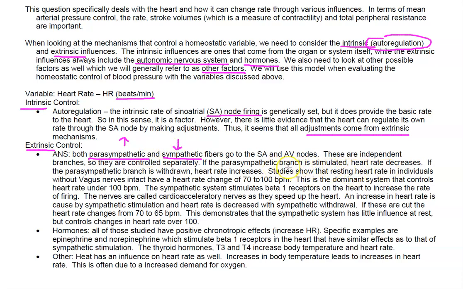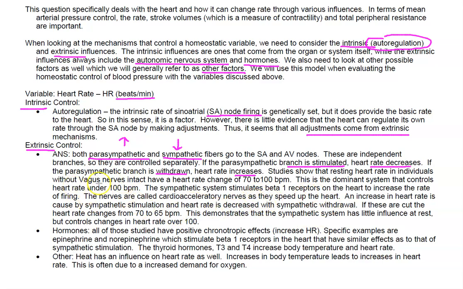So if the parasympathetic system is stimulated, the heart rate will go down. If the parasympathetic is withdrawn, if it decreases, the heart rate will go up. Studies have shown, though, and we talked about this back in lab 13 and 14, that the parasympathetic has a huge influence at rest.